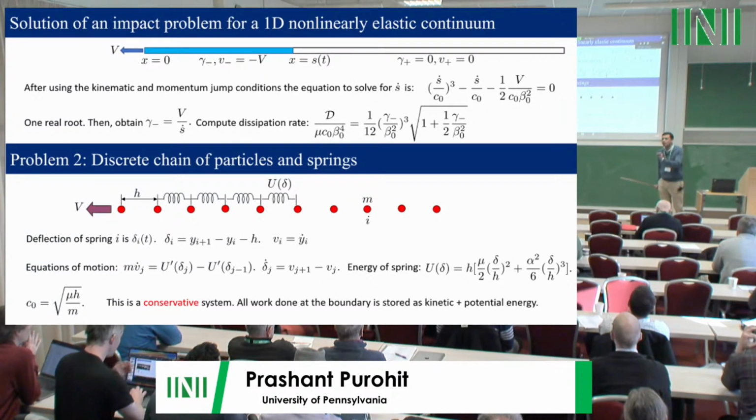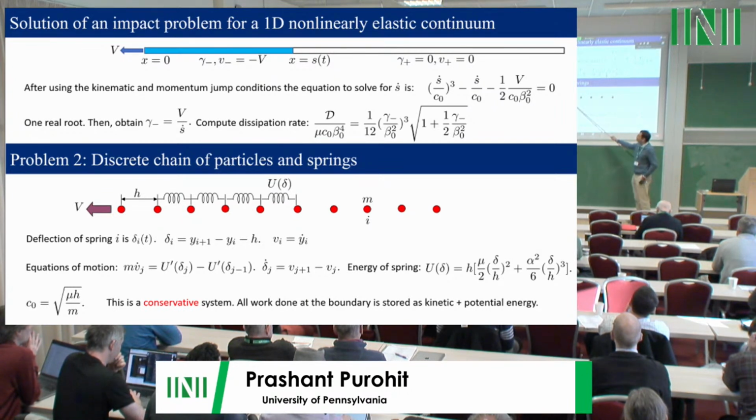It is all related to a continuum 1D problem of a bar. Next, we are going to look at a discrete problem of a mass spring chain, like this one. All the masses are of equal mass m, and these springs are all the same.